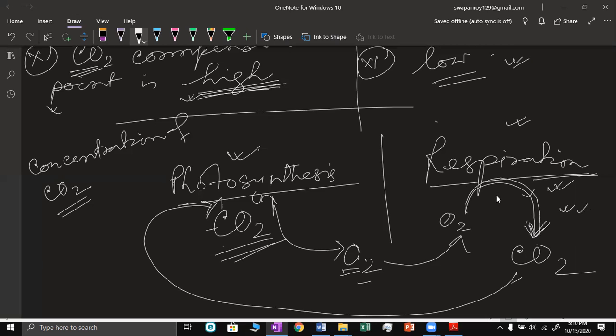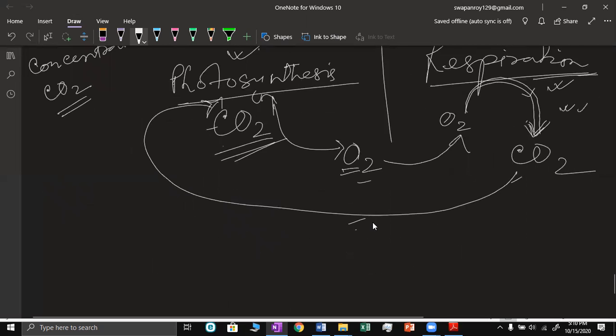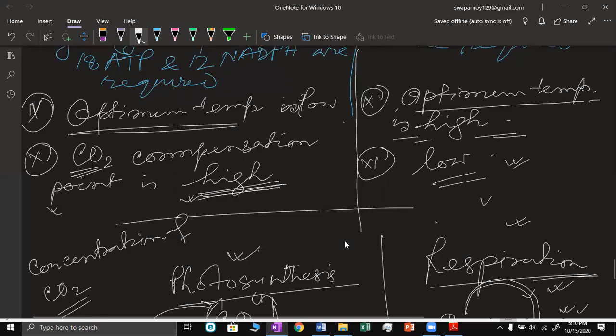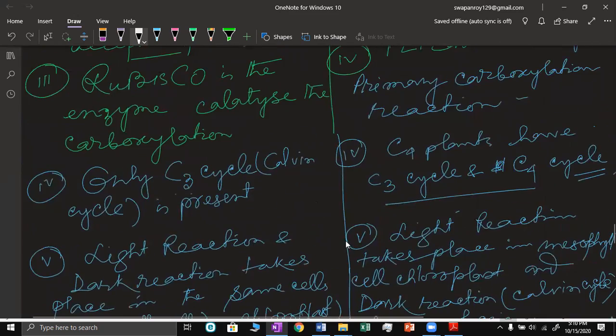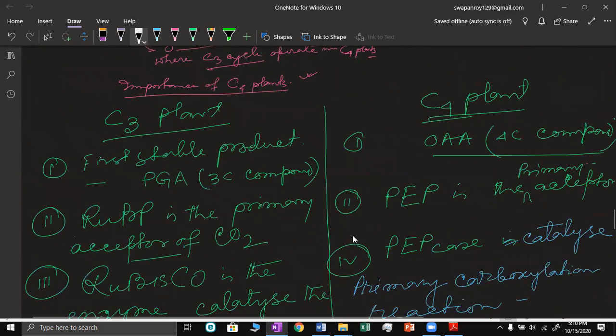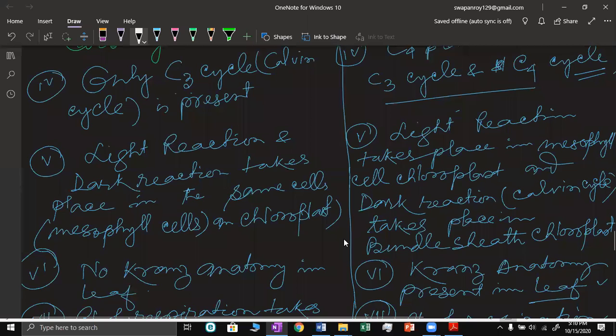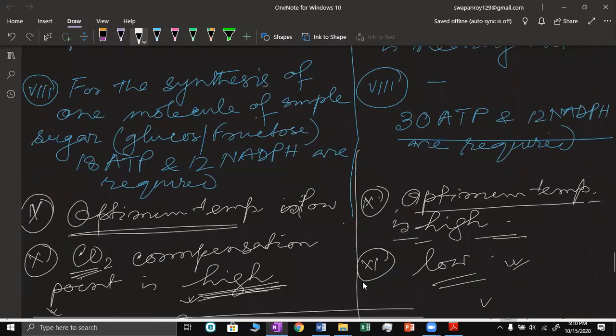Okay, there are several other small points, but this is enough. Many points I have given, so you have to remember these things.